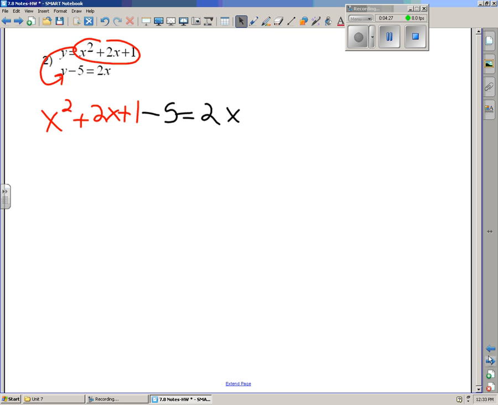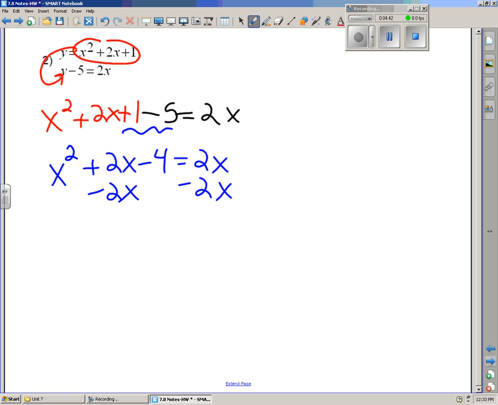Well, I've got to combine like terms. What that's going to do is leave me with this. X squared plus 2x minus 4 equals 2x. Bring the 2x from the right to the left. This way I'm setting the equation equal to 0.